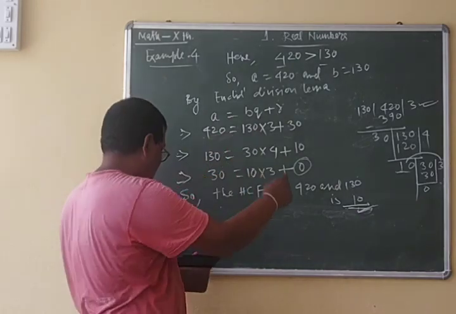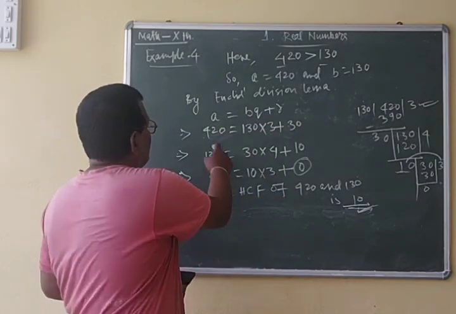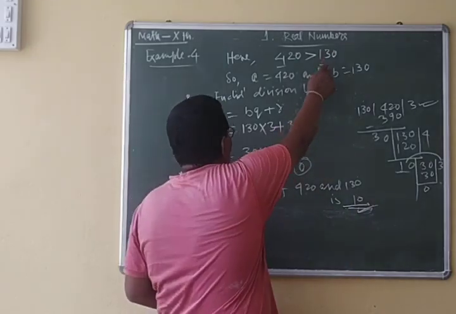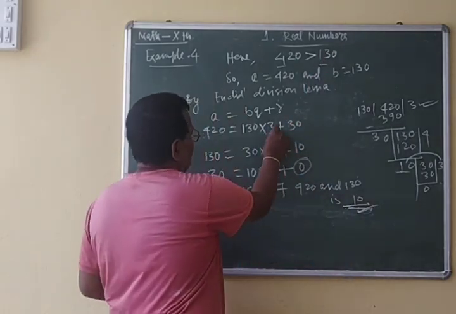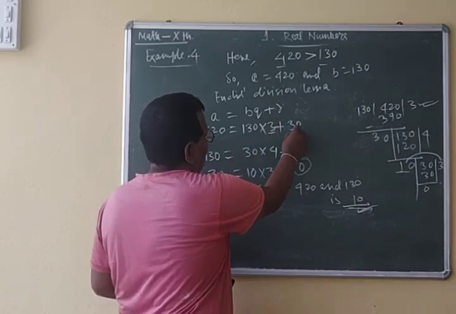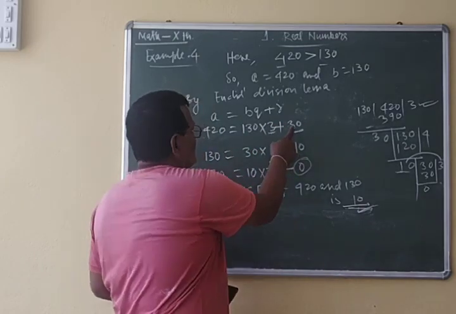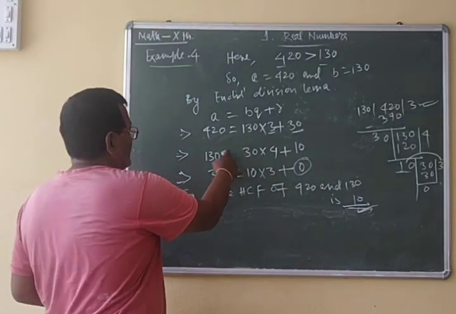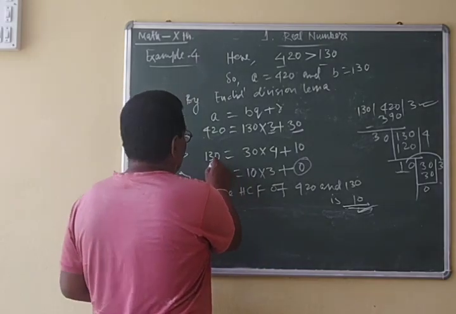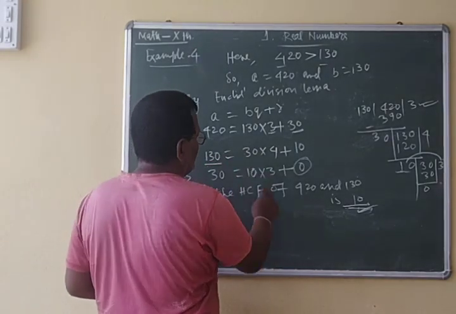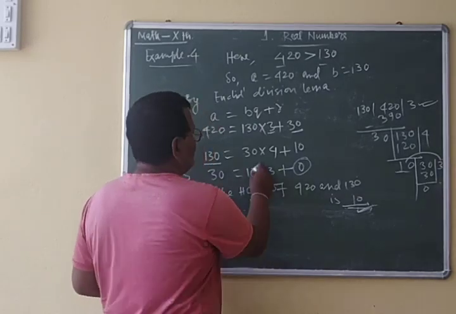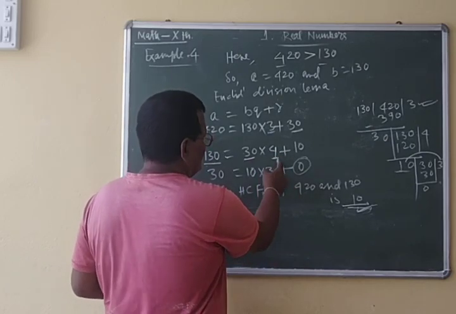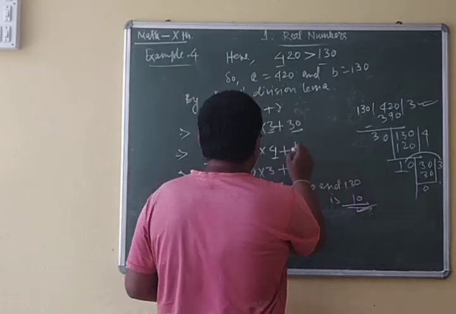A is equal to BQ plus R. Here A is the dividend 420, B is the divisor 130 and quotient is 3. So A equals BQ plus remainder 30. Here the remainder is not 0, so we continue our process. The new dividend is 130 and the new divisor is 30 and 4 is the quotient, plus remainder 10.